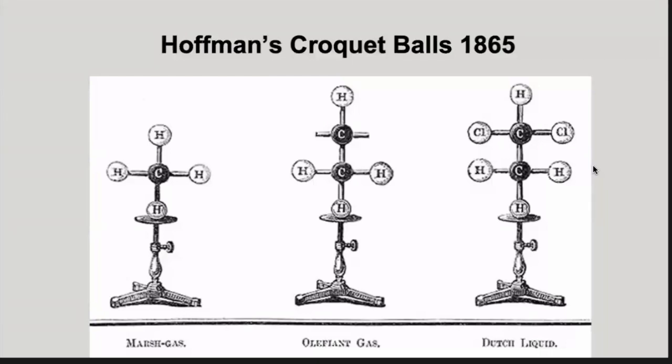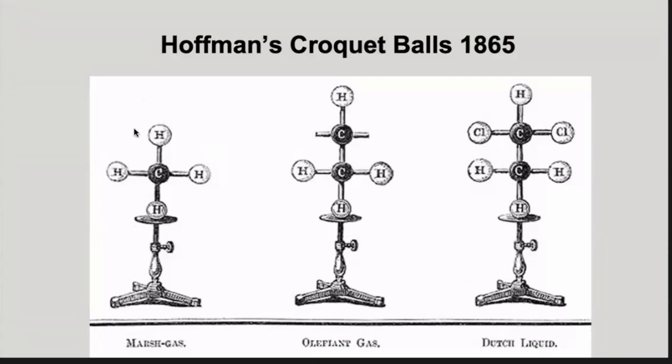And so he sent his assistant out into London to all of the sporting goods stores and said, buy up all the croquet balls you can find. They brought these croquet balls back and they used a drill press to drill holes in the balls. And they used little pieces of pipe to connect the croquet balls together. And these things were propped up on little stands, like a little Bunsen burner stand from a chemistry lab. And they would use these pipes to put these things together in various combinations.